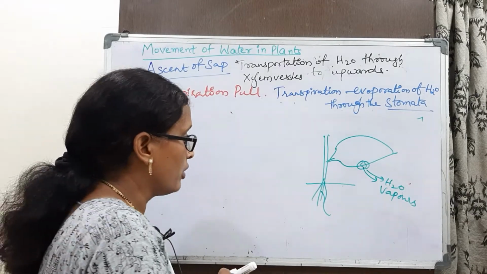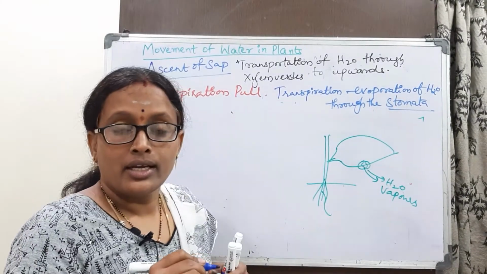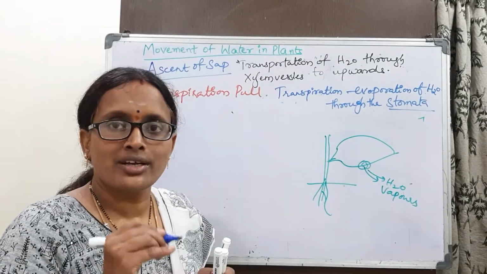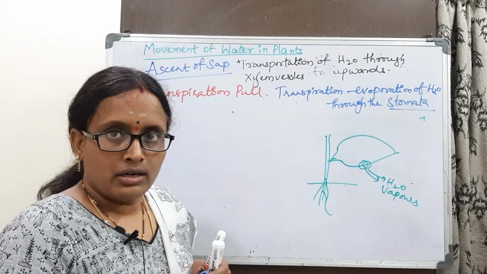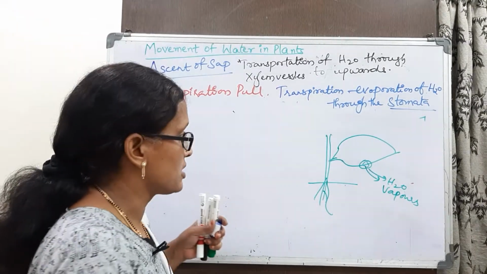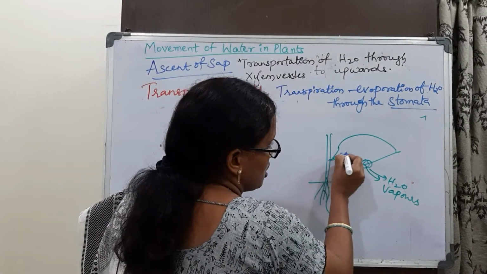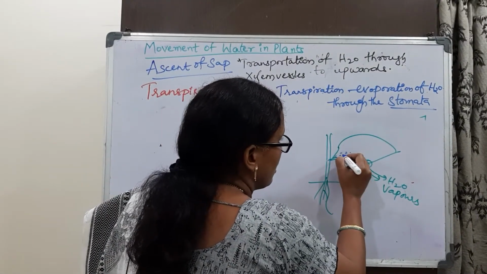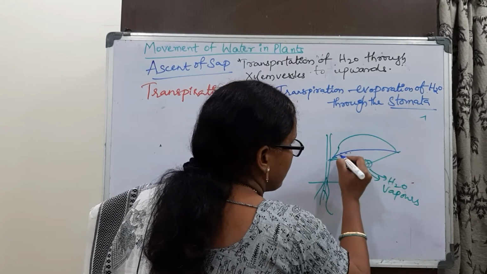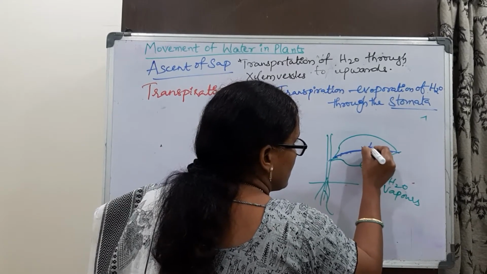So here what is happening? A continuous water column is created in the xylem vessels due to cohesion, adhesion and because of the capillarity of the xylem vessels. Here the water reaches up to the midrib, which consists of xylem vessels.